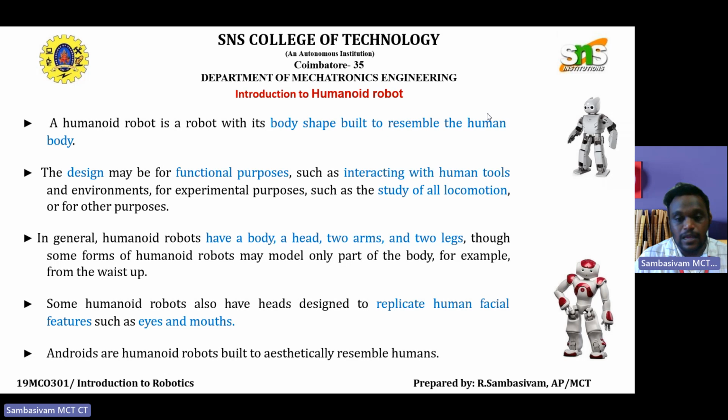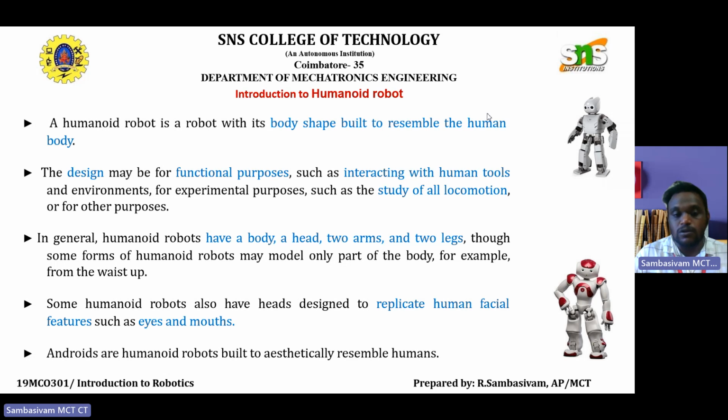It also replicates human features like eyes and mouth, where sensors are fitted to sense environmental hazards. The vision system serves as the eye, and the mouth is a speaker to speak about what it has sensed or what is to be done in the future.